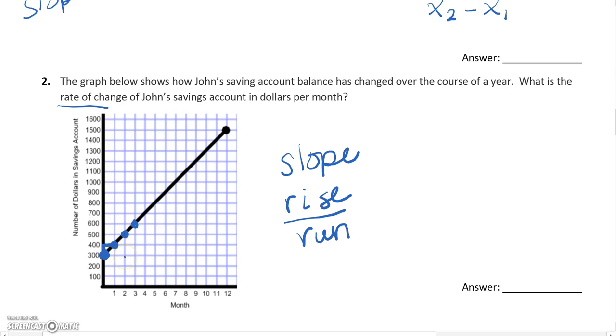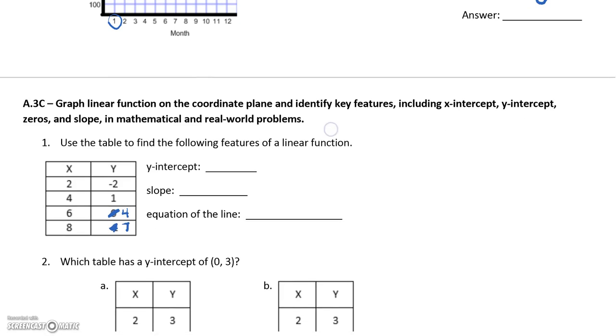You gotta look and see how much it goes up and how much it goes over. So on this, these boxes are going by 100. So our rise is 100. And the run, it only goes over 1. So write your answer.